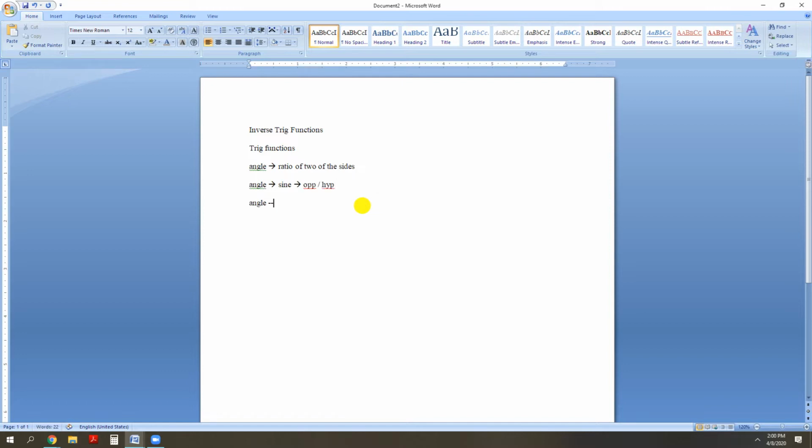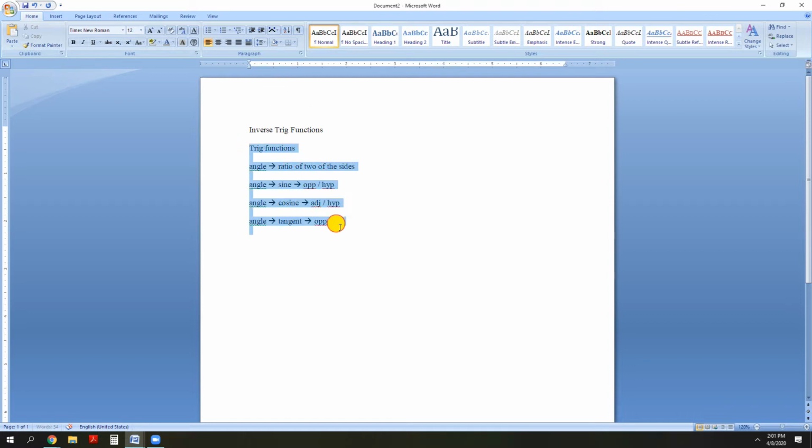We do cosine, that's going to give us the adjacent over the hypotenuse. Give the angle to tangent, that's going to give us the opposite over the adjacent. So what are inverse trig functions?